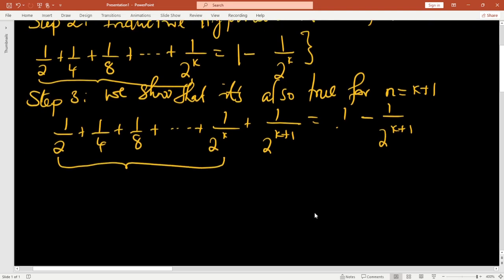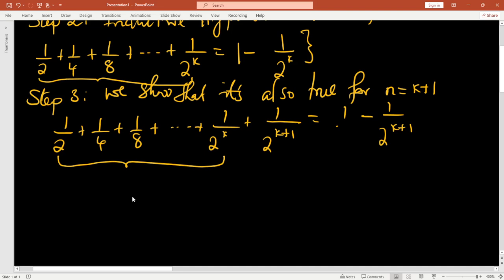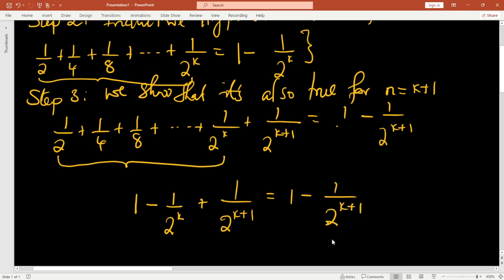So we're going to have 1 minus 1 over 2 to the power k, plus 1 over 2 to the power k plus 1, equal to 1 minus 1 over 2 to the power k plus 1.